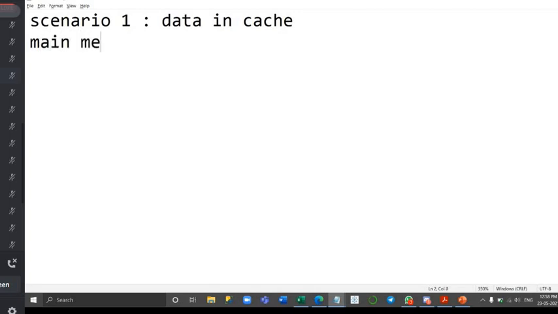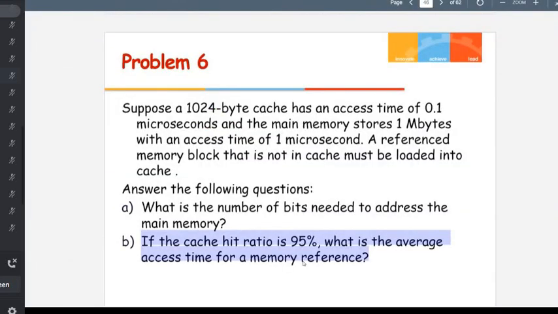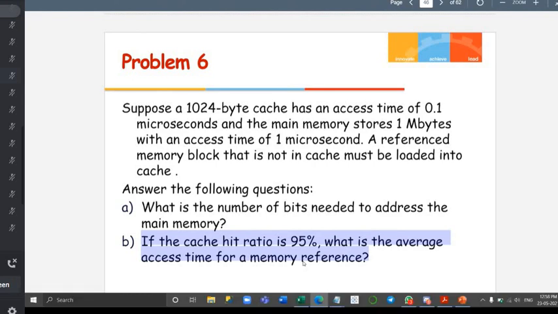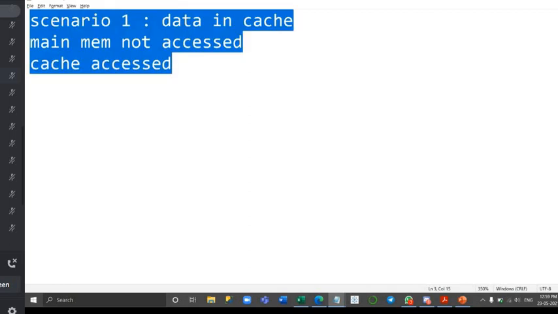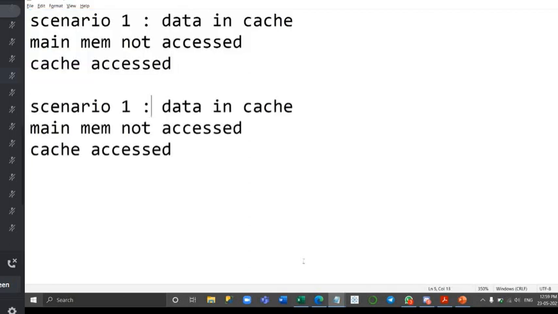Hence, I am not spending that 1 microsecond used to access the main memory. Instead, I am only spending the 0.1 microsecond used to access the cache. Scenario 2: data is not in cache.